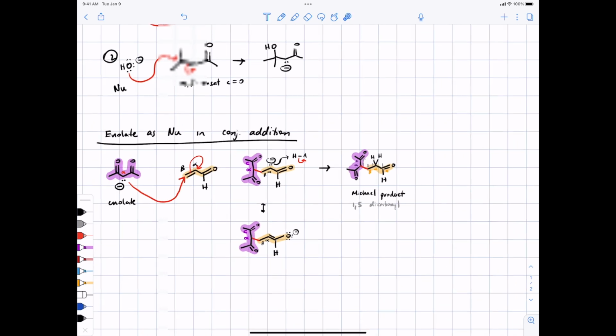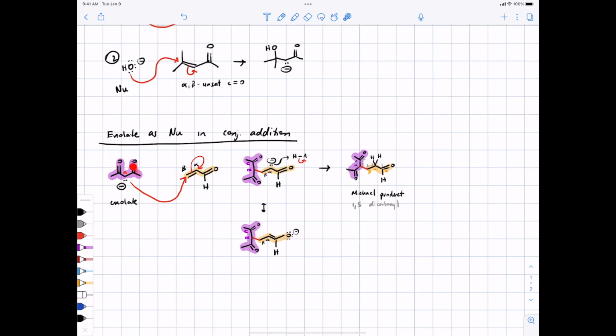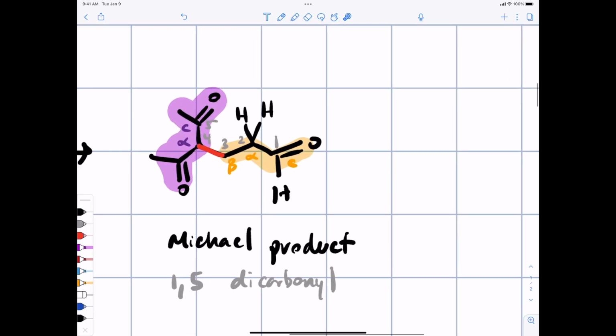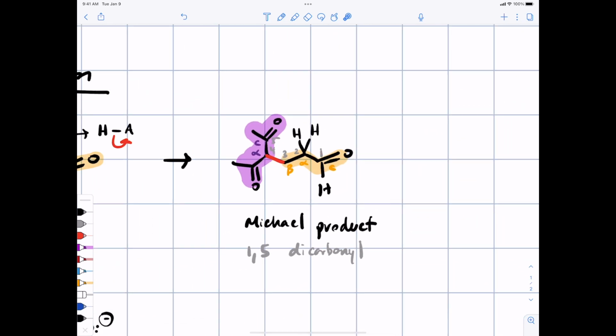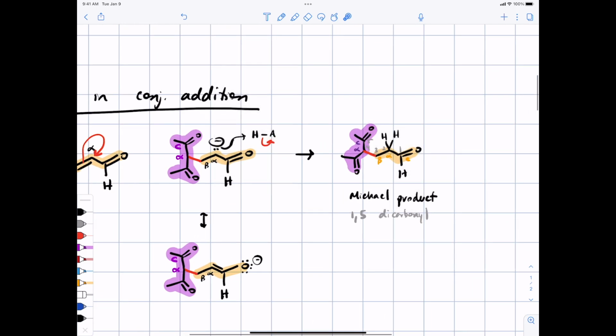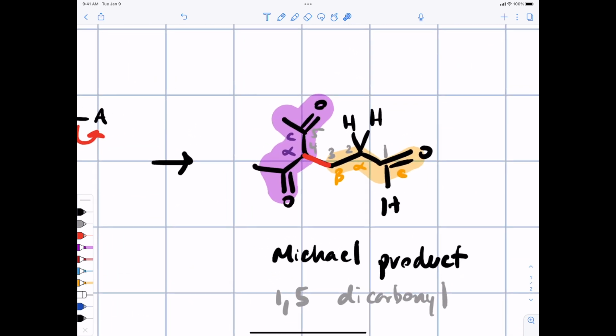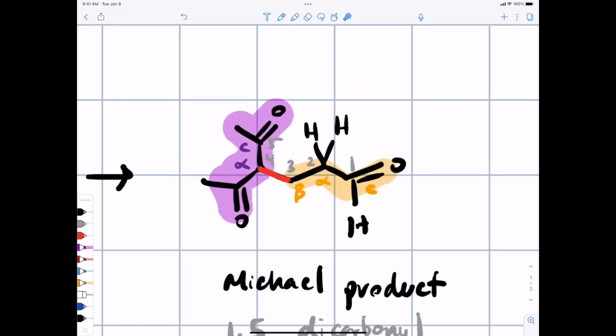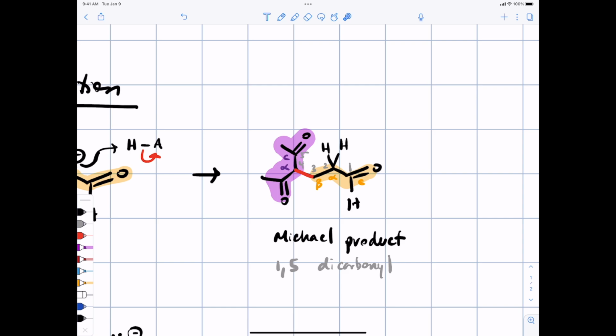So this enolate happens to be a beta diketone, but in any case, if you start counting with the carbonyl carbon of your alpha beta unsaturated compound, 1, 2, 3, 4, and 5, the carbonyl of your enolate is on carbon 5.